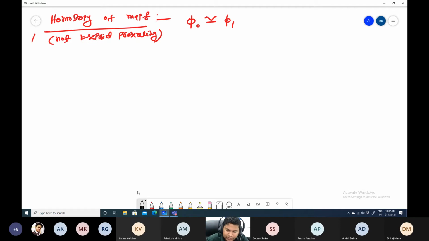So we say that phi 0 is homotopic to phi 1, obviously not base point preserving.